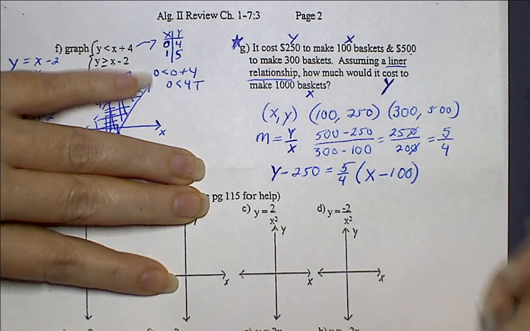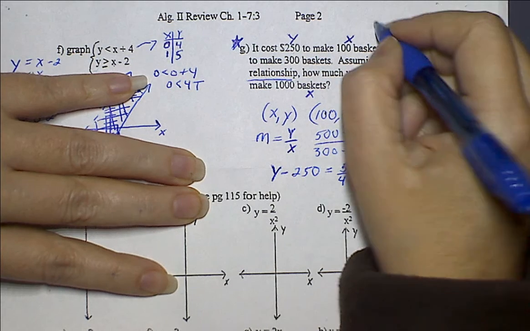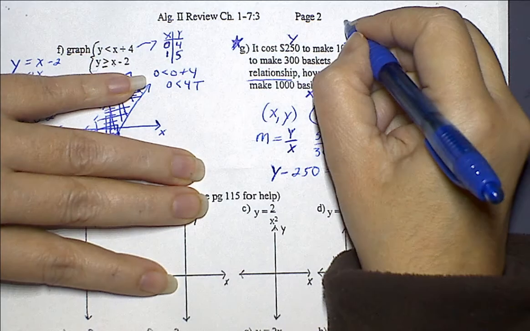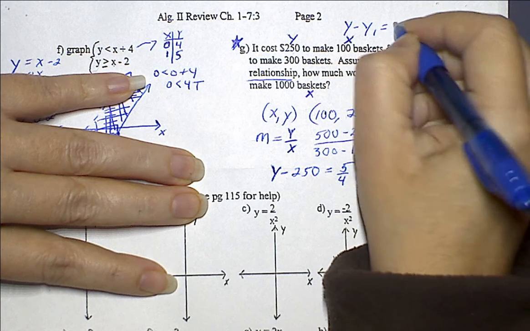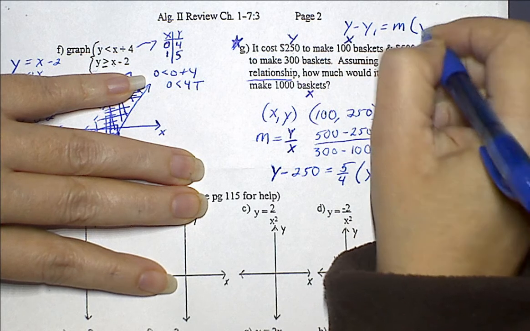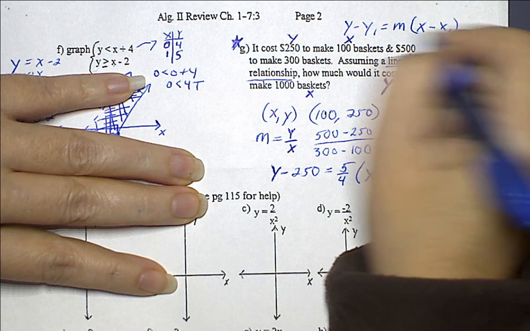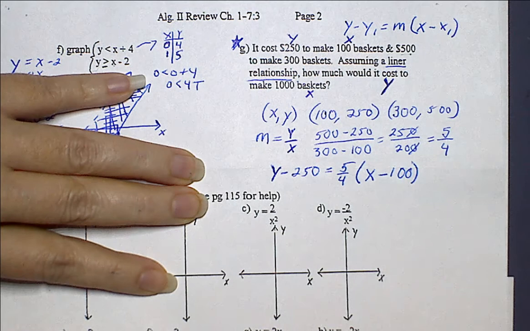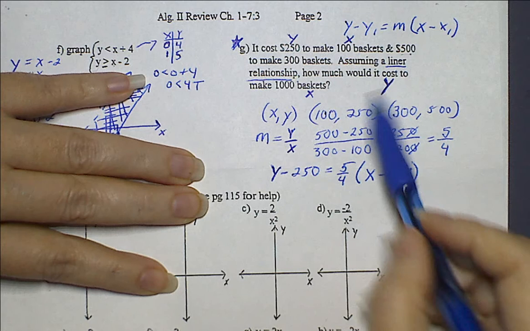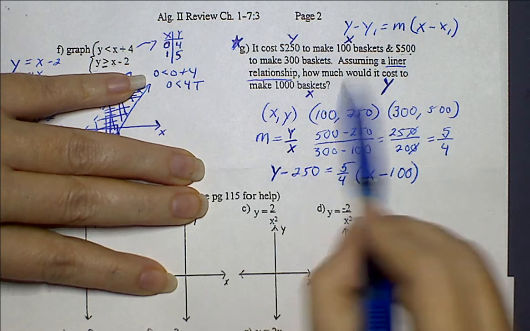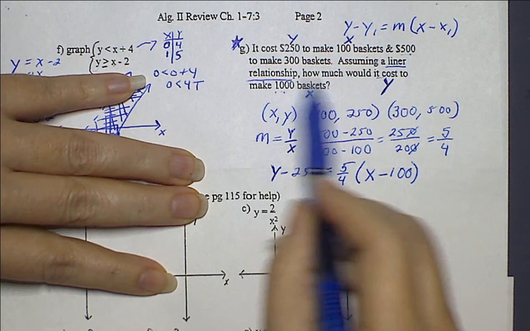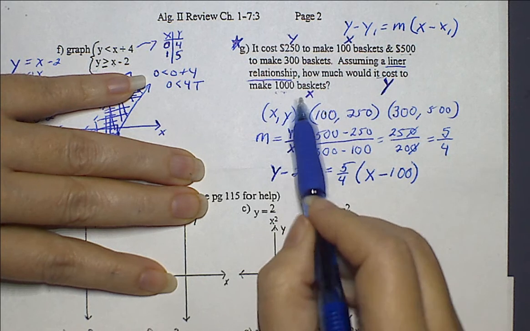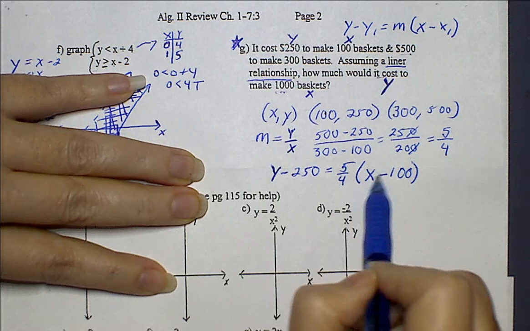If you need that formula again, we did it on page 1: y minus y1 equals m times x minus x1 is the equation we're using on this. So now it says, what's the cost for 1,000 baskets? Remember, baskets was our x, so we're going to put this in for our x value right there, and we're going to solve it out.